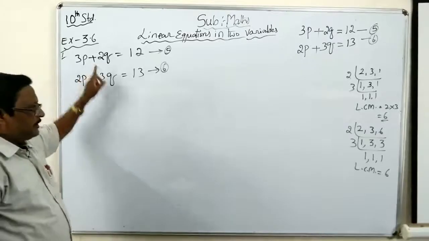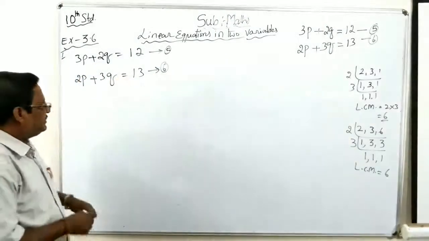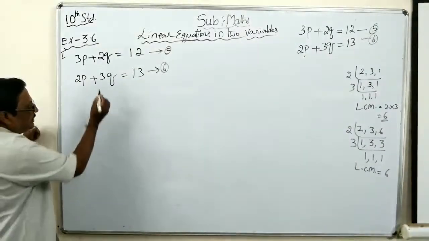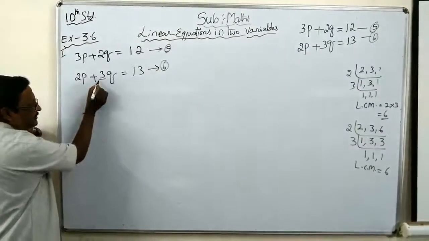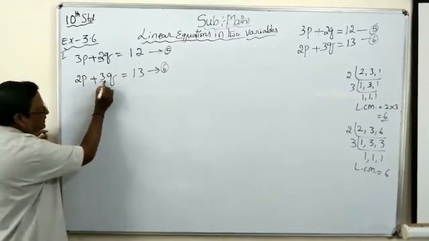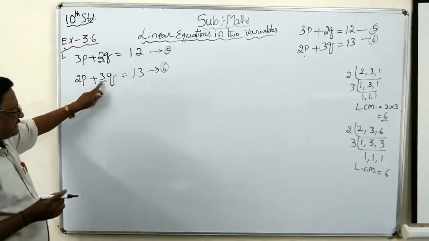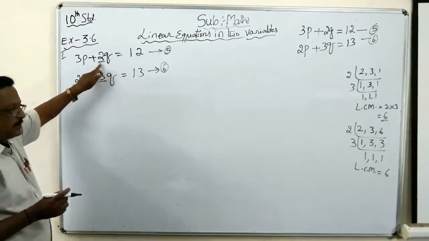Here, equation number 5 and equation number 6. Elimination method means either equating the q coefficients or p coefficients. Here, equating the coefficients of q: what is the q coefficient in the second equation? 3. In the first equation, that is 2.